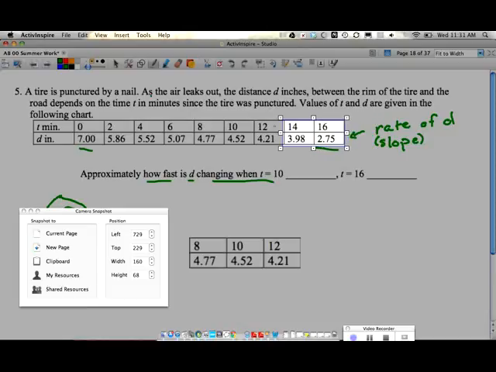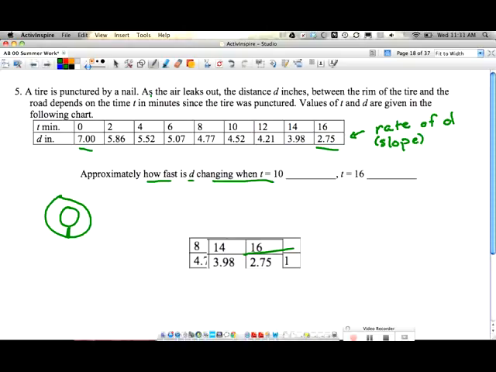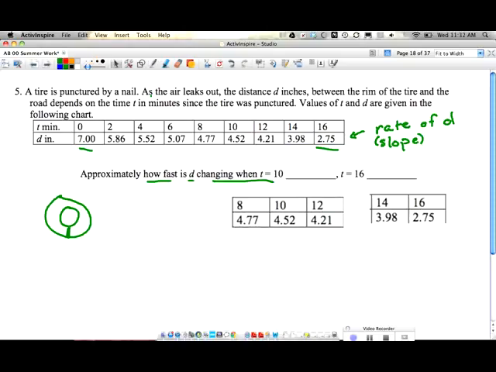Okay, so if I wanted to find the approximate change, then what I'm looking at is how much the y values, or the vertical change, compare to the horizontal change. And this is really t and d. And that's backwards, I did that backwards.